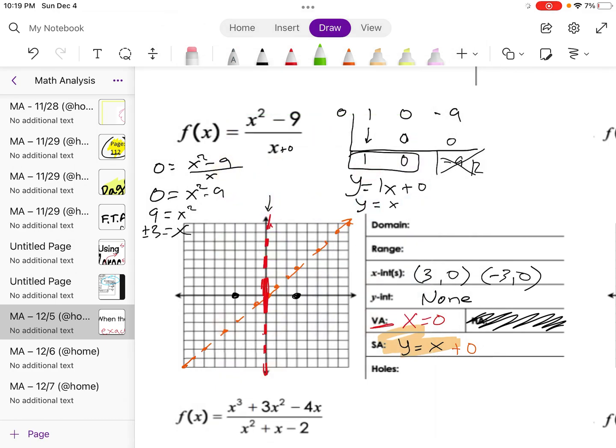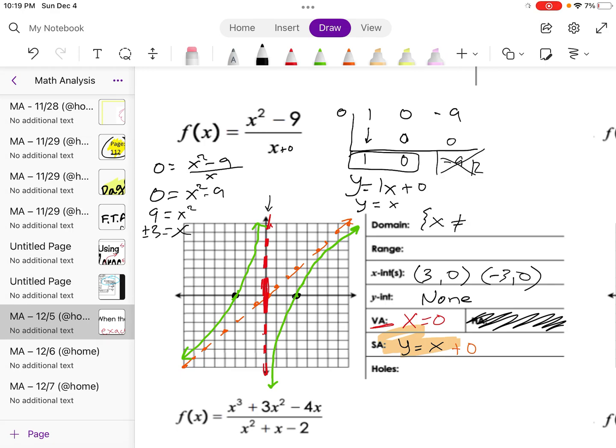So my graph, let's see, what color do I want to do it in? Do it in this one. It's going to approach these asymptotes real close, just like that. Let's talk about domain and range.